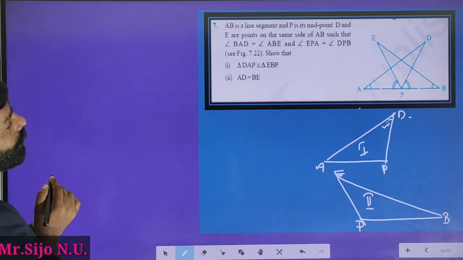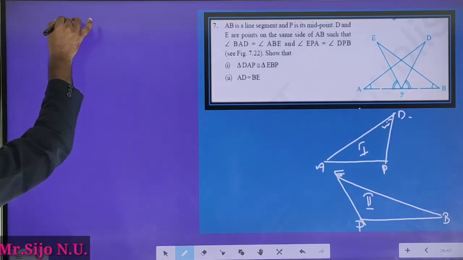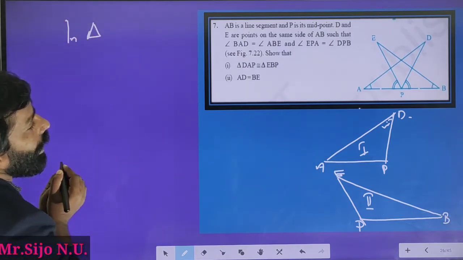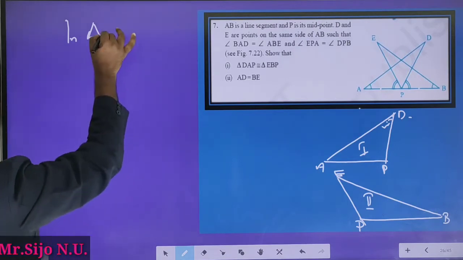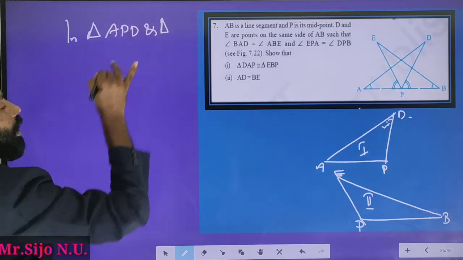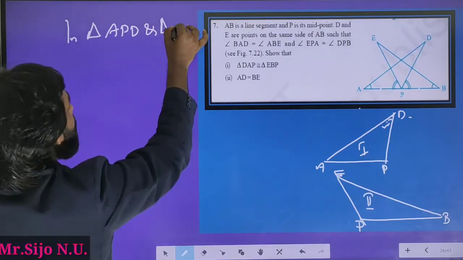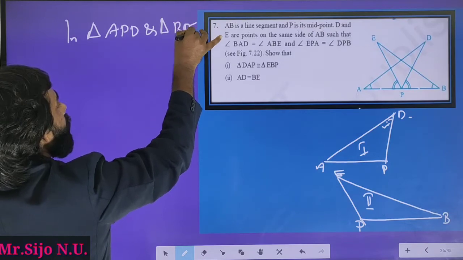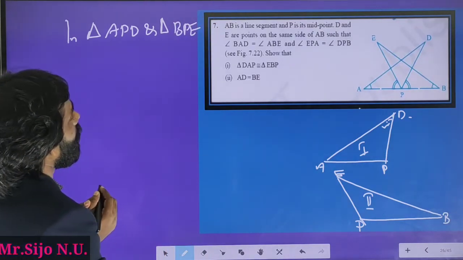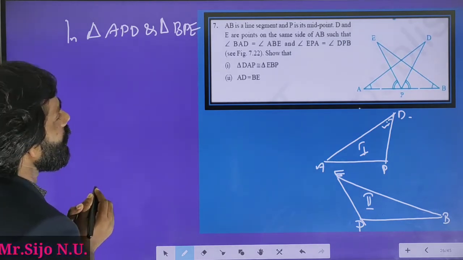What we need to consider first of all, yes, these two triangles. So we can write in triangle, which one is first? APD and triangle BPE, two triangles we are considering. So we are just considering the angle DAP.